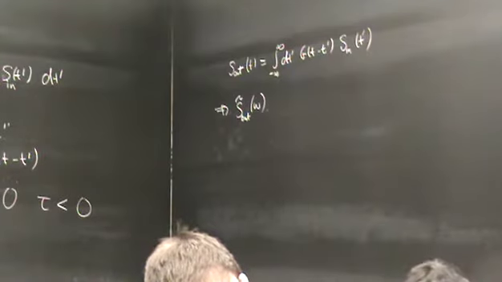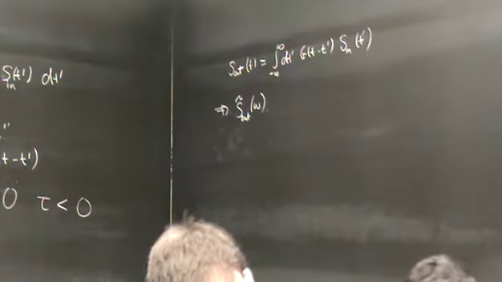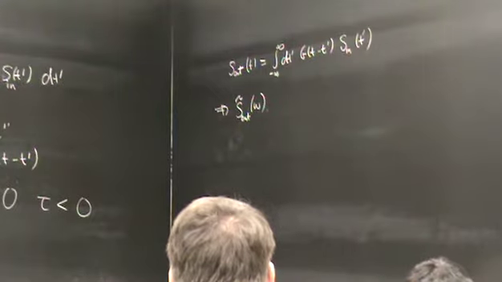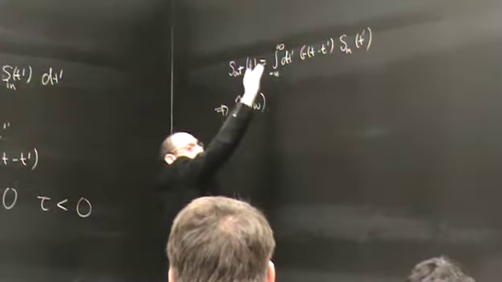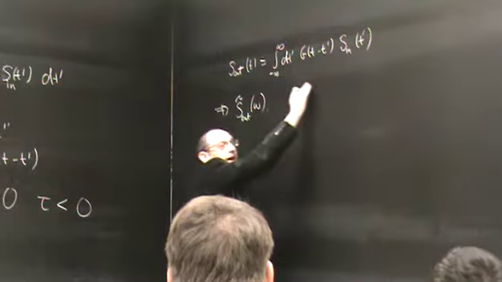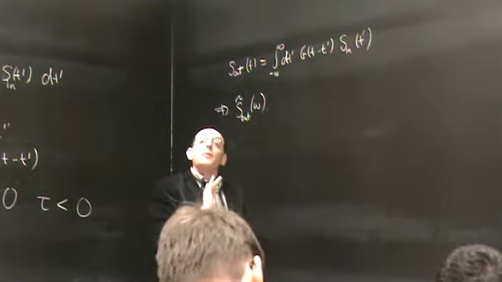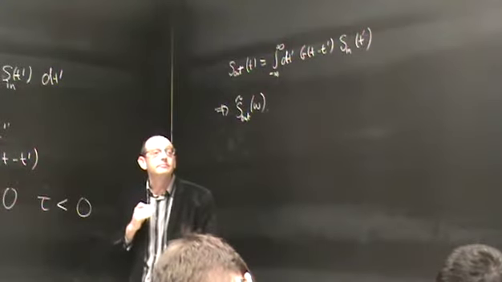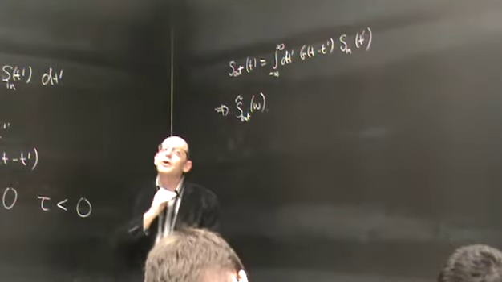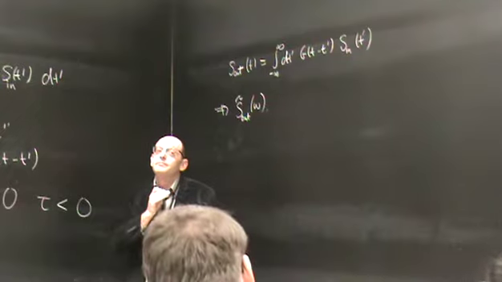Since we have a causality restriction, can we just change that to 0 to infinity? We can. Well, it only goes up to time t, because beyond that, this is negative. But right now, I just want to leave it general, because we're going to see how that constraint works out.